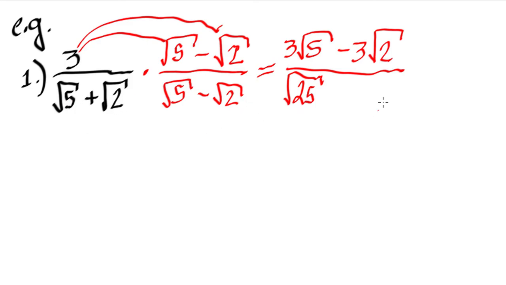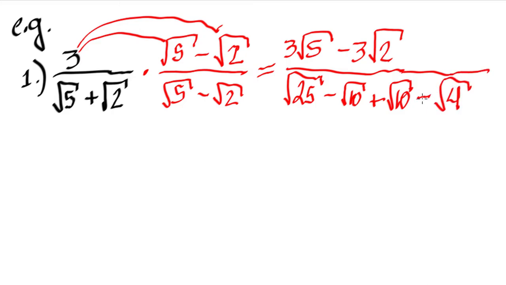Square root of 5 times negative square root of 2 is going to give us negative square root of 10. Then square root of 2 times square root of 5 is positive square root of 10. And then square root of 2 times negative square root of 2 is going to give us negative square root of 4. Take note the negative sign is outside.